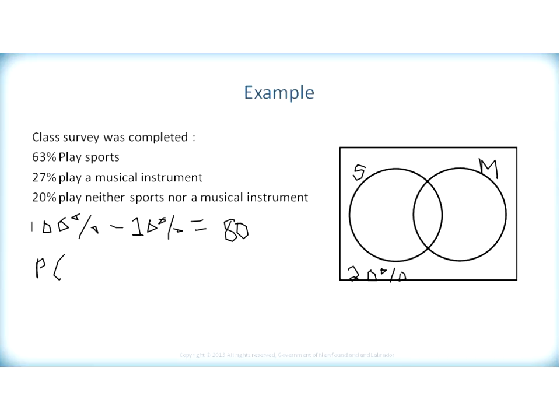Probability of S is equal to 63%. And the probability of M is equal to 27%. Together, this will equal 90%.